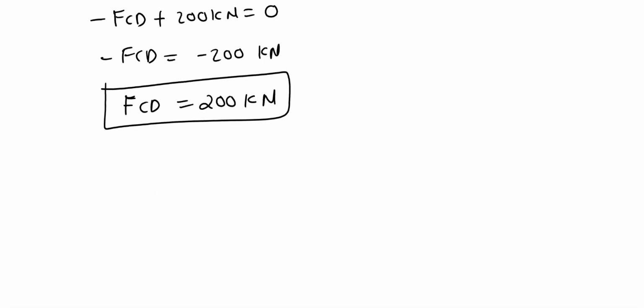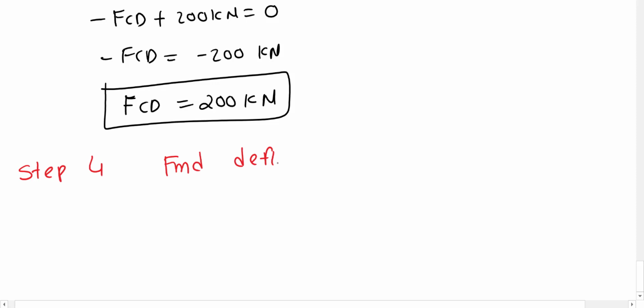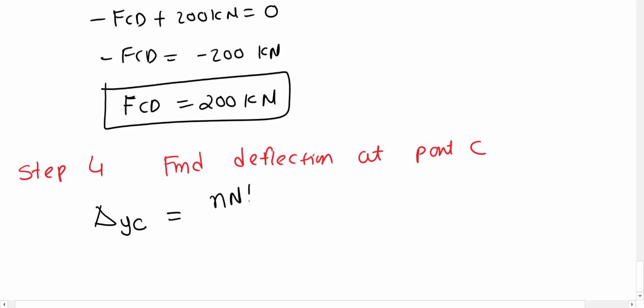So let's take the fourth step. Let's say step number 4, we need to find the deflection at point C. To calculate this one, we have an equation from the virtual work method that the deflection at C, let's say in the y direction, is the sum of small n, capital N, L over EA.